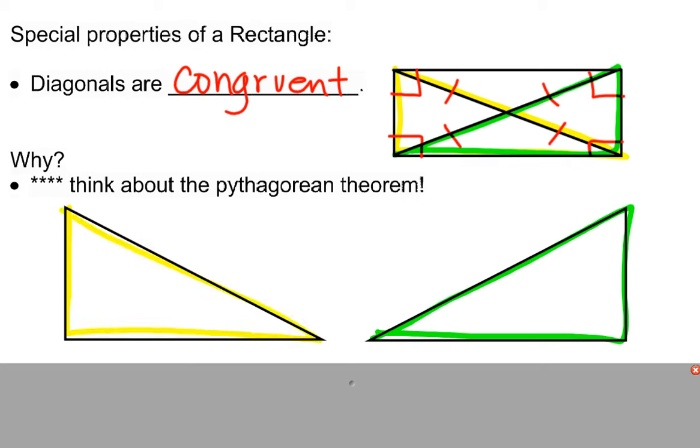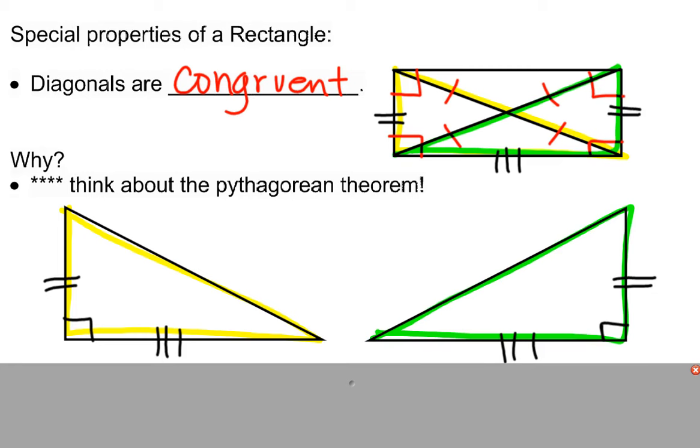That's my yellow triangle. And I'm going to put my appropriate markings. I know that's a right angle. I know that's a right angle. I know these 2 sides are congruent. Remember, opposite sides on a parallelogram are congruent to each other. I also know they share this side.